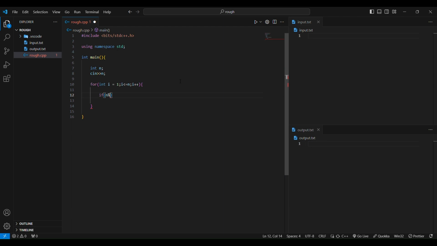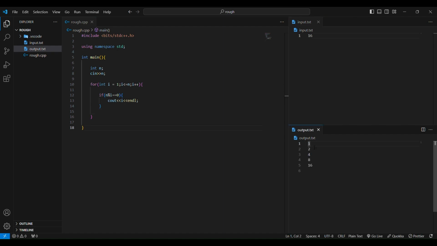So n modulo I, if it's equal to 0, then print the I. That's it, and you will get the answer. So let's say I'm giving 16: 1, 2, 4, 8, 16. Perfect.